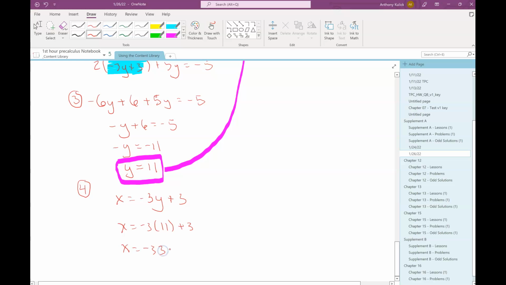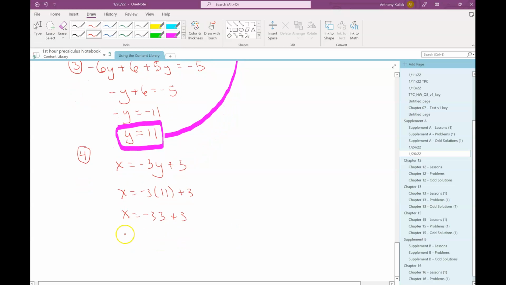So when I plug 11 in for y, I get negative 3 times 11 plus 3, which when I simplify that gets me negative 30.